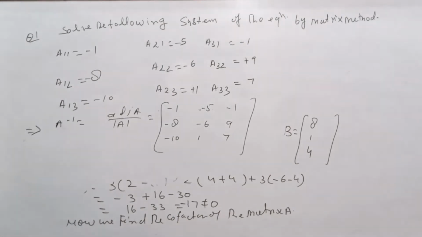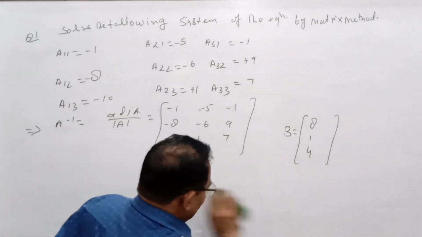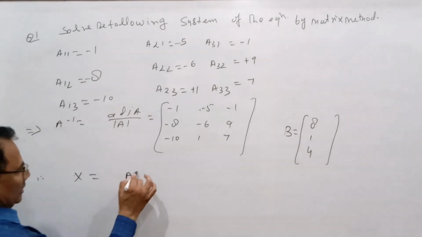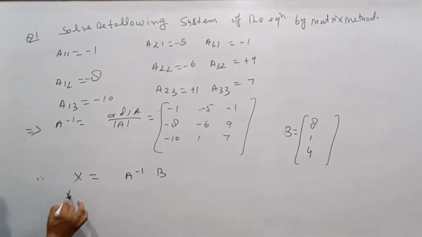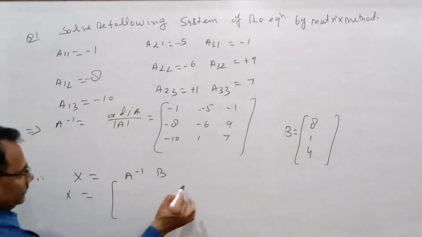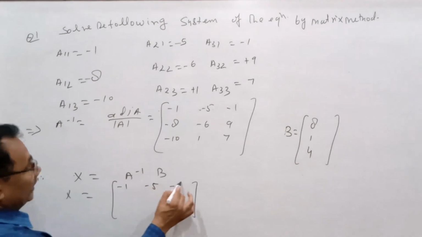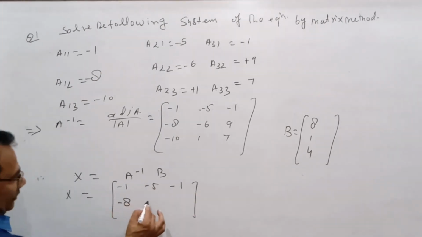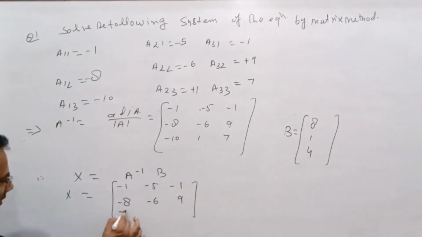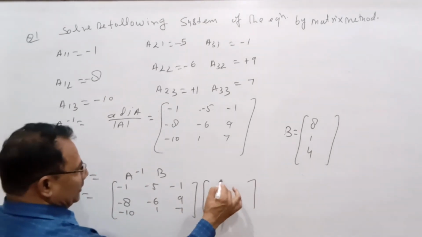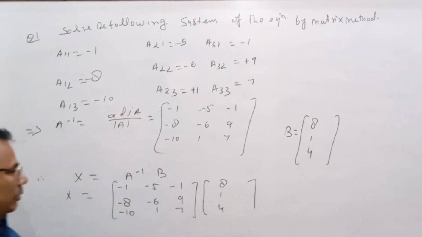Now, the actual solution is X equals A inverse B, so A inverse into the matrix B, which is 8, 1 and 4.